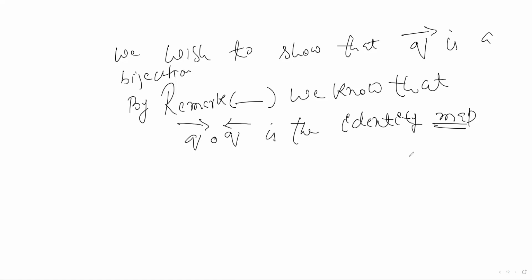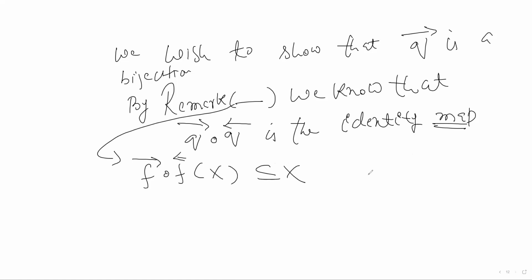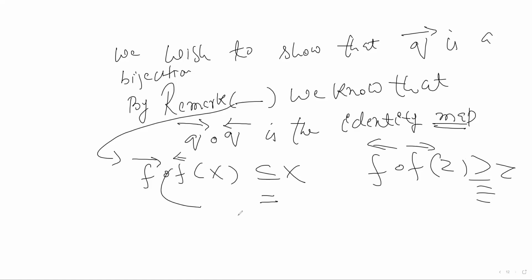So we have actually seen that this was the remark, one of the parts of this remark, that F forward arrow composition F backward arrow of any X is a subset of X, and F backward arrow composition F forward arrow of any Z contains Z. And here you have, instead of having inclusions, equalities if F is surjective here, and here F should be injective.